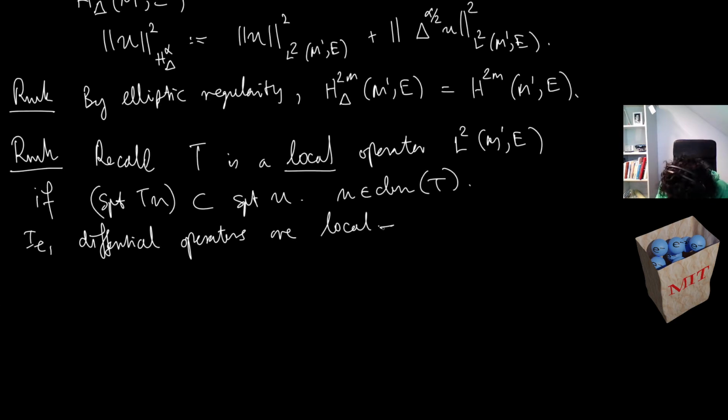That in particular means that Delta to the power of k, I don't know why I keep calling it lambda, is local.